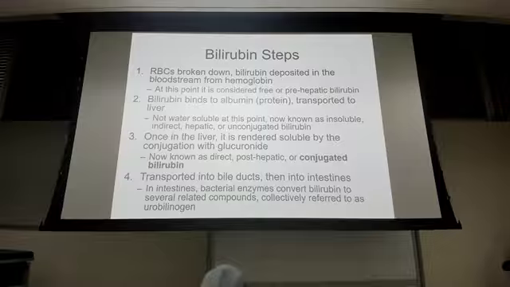It's insoluble. Indirect is another term you hear for bilirubin that hasn't been conjugated by the liver. Hepatic bilirubin or unconjugated. Mostly we'll call it unconjugated, but you will see it referred to all 3 ways: indirect, hepatic, or unconjugated before the liver conjugates bilirubin.